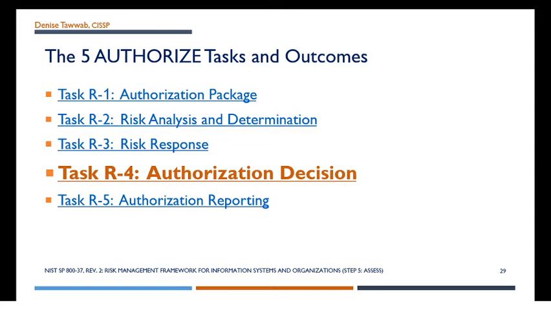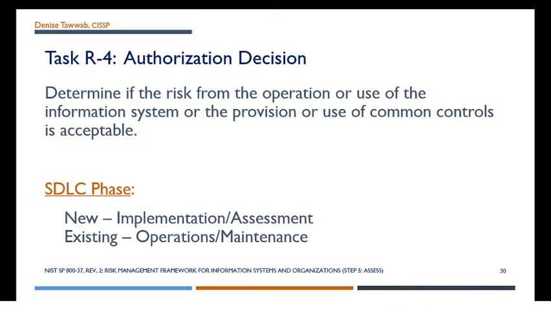Task R4 is the authorization decision. And let's see what that's about. The authorizing official determines if the risk from the operation or use of the information system or the provision or use of common controls is acceptable.